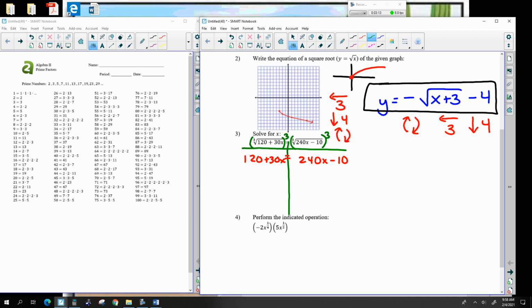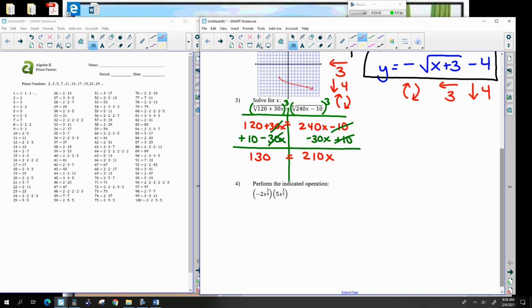So to make that happen, I'm going to move this 30x, so I'm minus 30x. And then I'm going to move the number, the negative 10, to the other side, so that's plus 10 onto that number. Okay, so my new statement is 210x is equal to 130. It's a weird number to have.